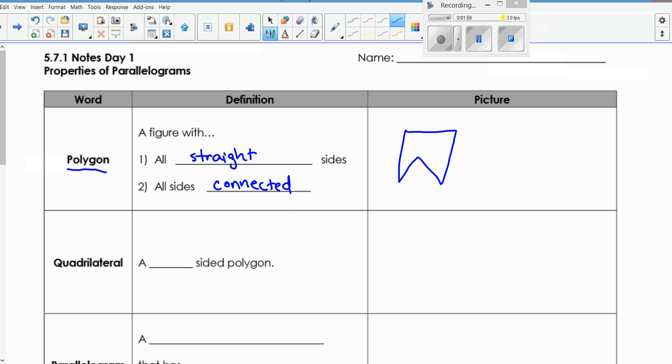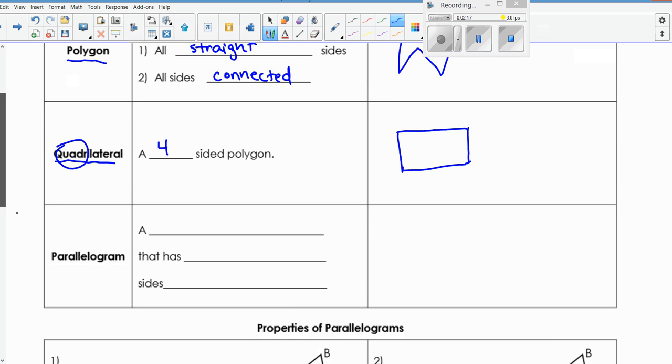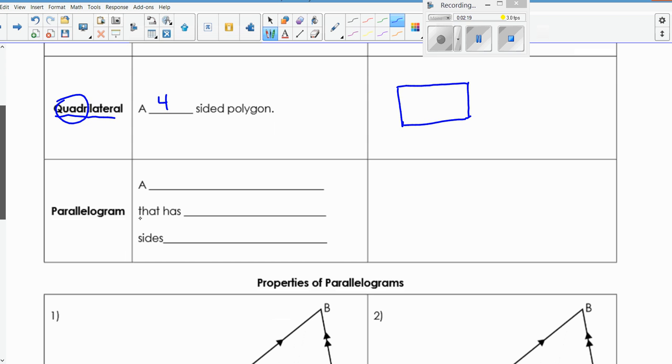Okay. A quadrilateral, quad, is a 4-sided polygon. So the most common polygon that we probably think of is a rectangle or square. Alright. And then a parallelogram is a specific type of quadrilateral.